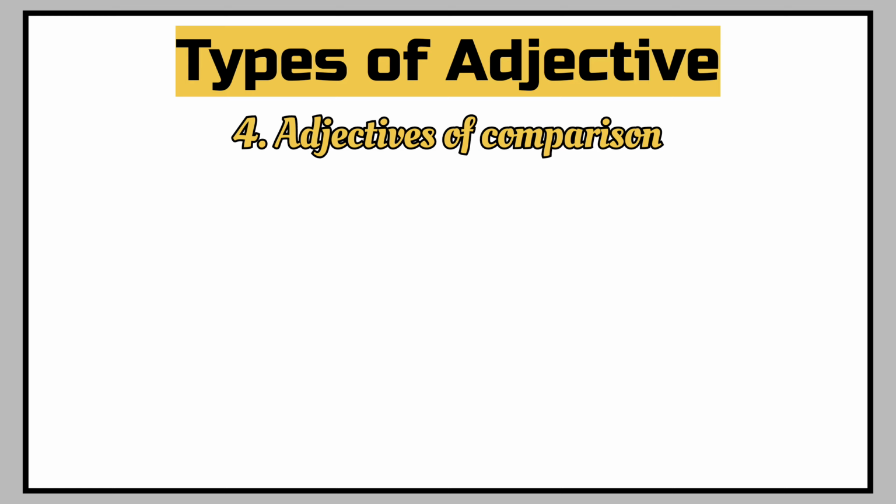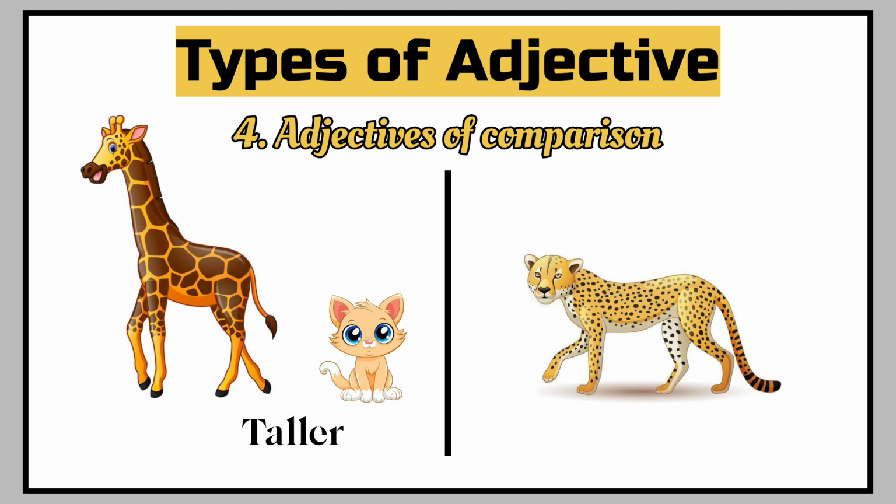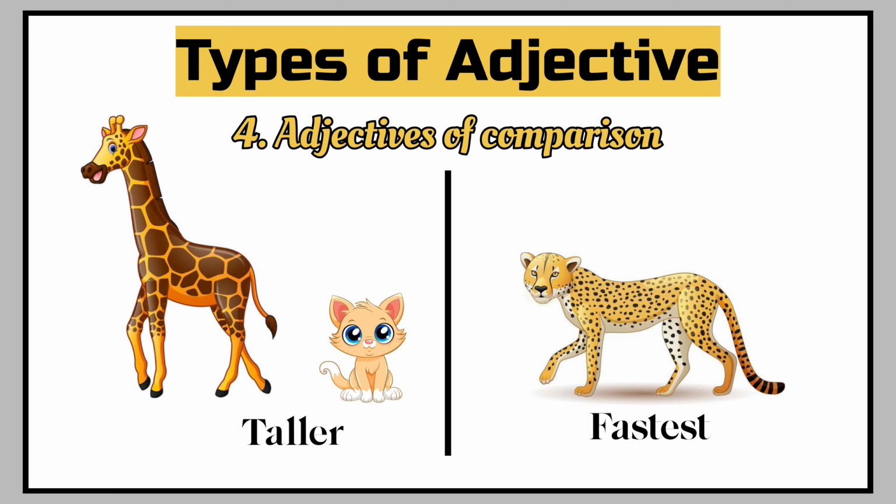Adjectives of comparison. The giraffe is taller than the cat, but the cheetah is the fastest. When we compare two or more things, we use comparative and superlative adjectives.